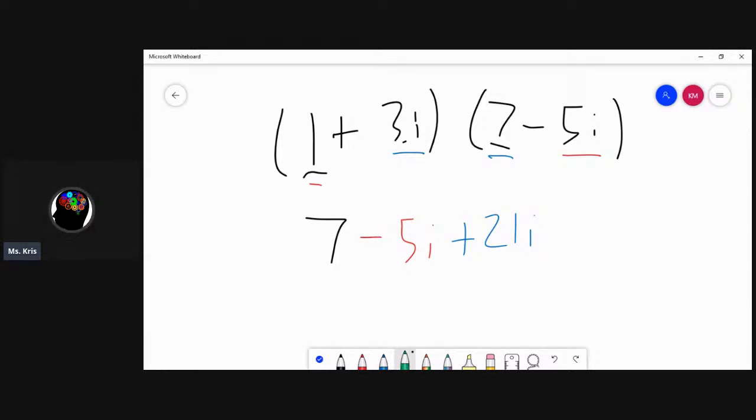And of course, 3i times a negative 5i, that's a minus 15i squared. So now, combine these like terms, and I bring down my 7.